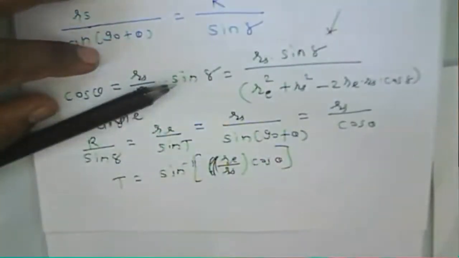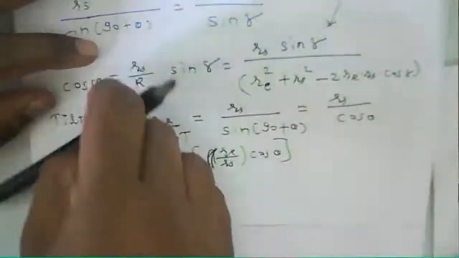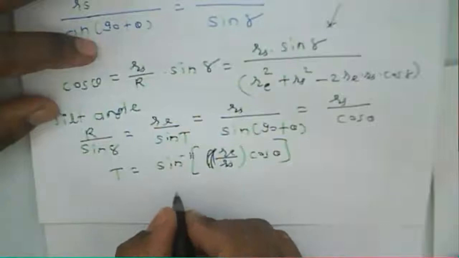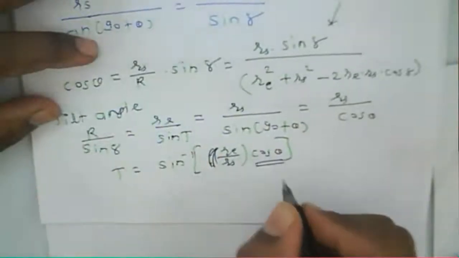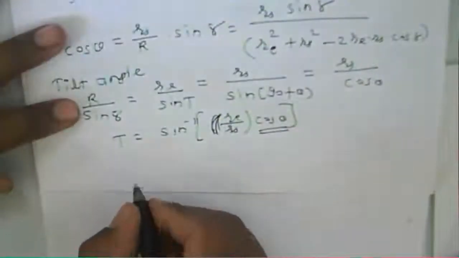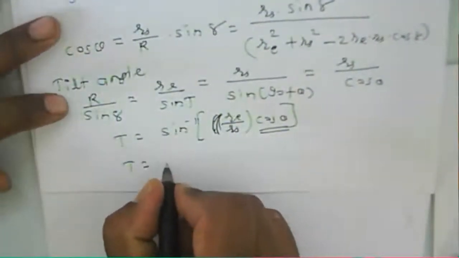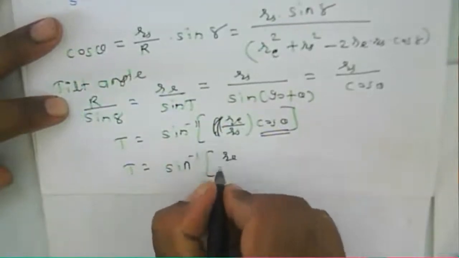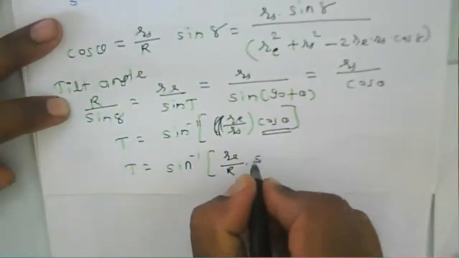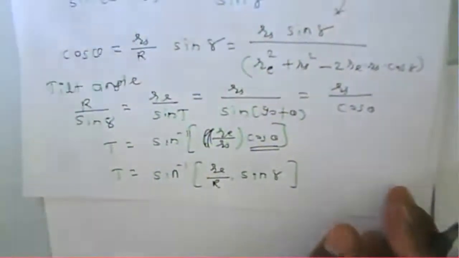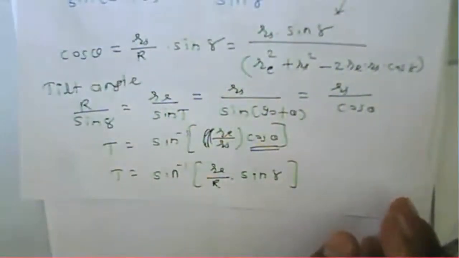So now we can find the tilt angle in terms of the elevation angle, or in terms of cos of lambda. So t is sine inverse of Re by capital R into sine of this gamma. Okay, so this way we can calculate the tilt angle and so on.